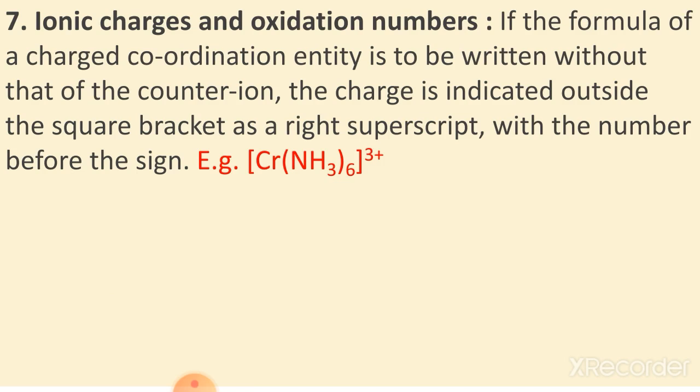Right, on your right-hand side, and superscript means above, with the number before the sign. So here you first have to write the number, then the charge. Look at the example, [Cr(NH3)6]3+, not +3. So first you write the charge as a superscript like this. First of all you have to write the number and then the sign.